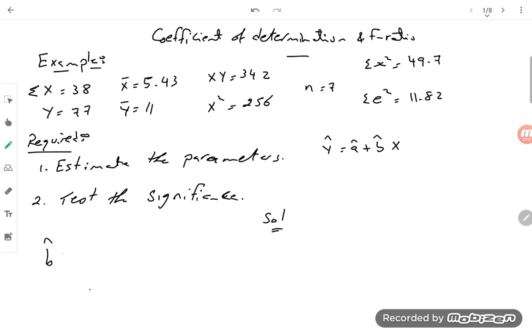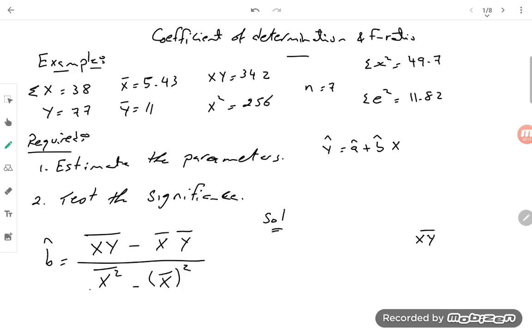Let's start with b hat. B hat is calculated as xy bar minus x bar y bar divided by x squared bar minus x bar squared. So at the first step, we have to calculate xy bar and the x squared bar.